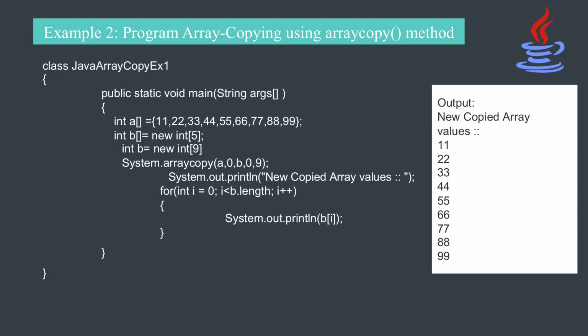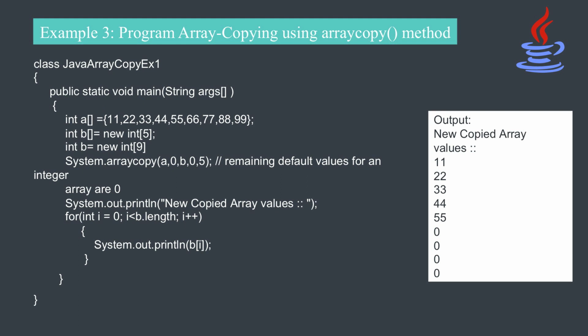Total how many elements? 9 elements. So all 9 elements will be copied into array B, and finally print the new copied array values using the for loop. When you compile and run the program, the output will be 11 to 99, 0th to 8th index, total 9 elements.